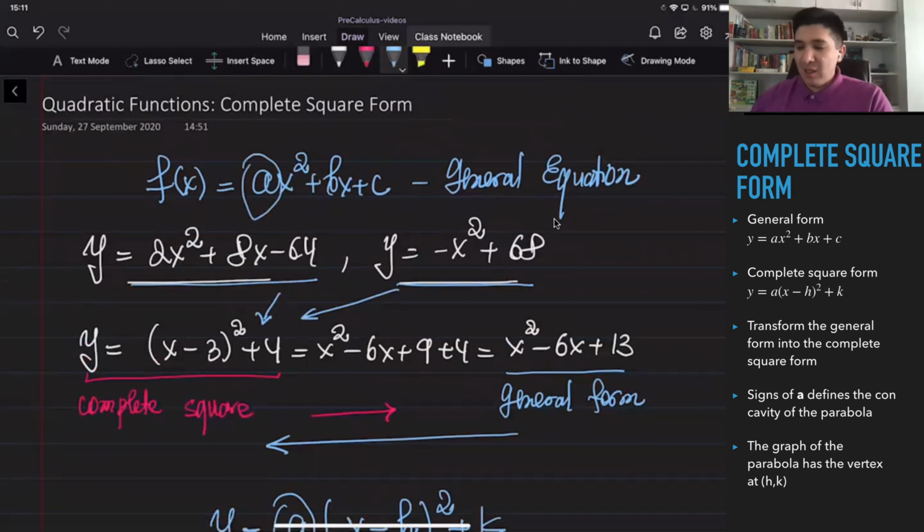We can see this from this example as well. If you remember, a here is equal to 1, and if you bring this to the general form, you get again a, the coefficient of x squared, which is again 1. So a, the coefficient of x squared, in the complete square form and in the general form is the same.